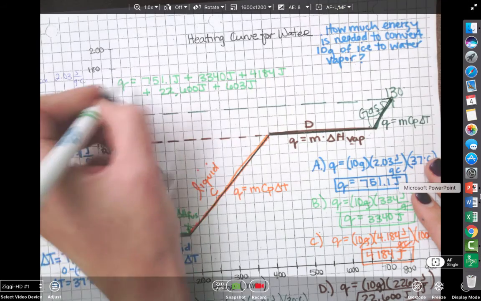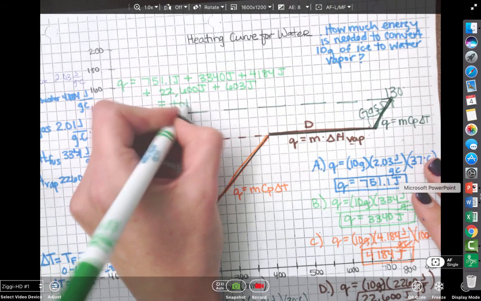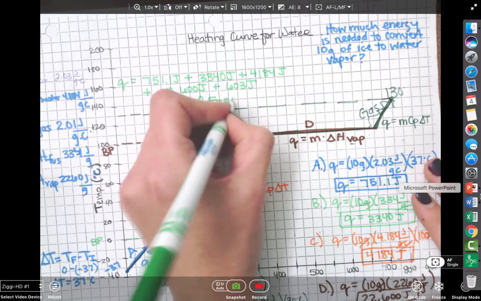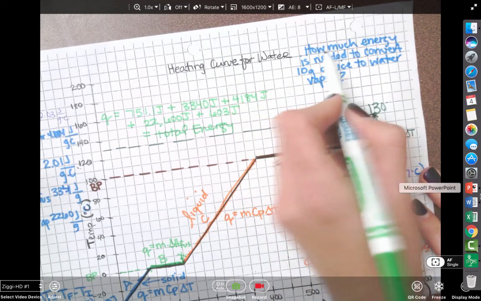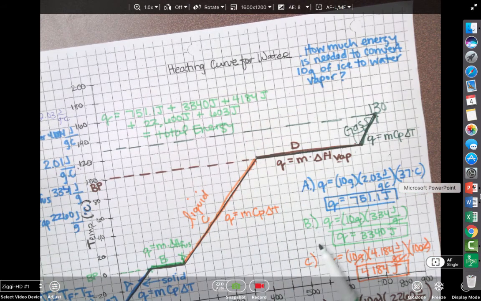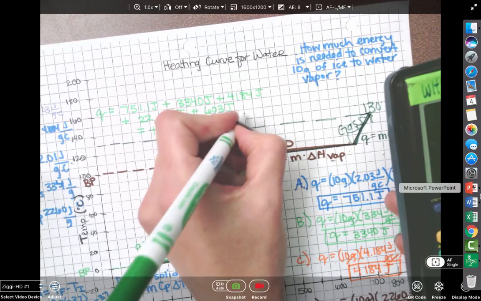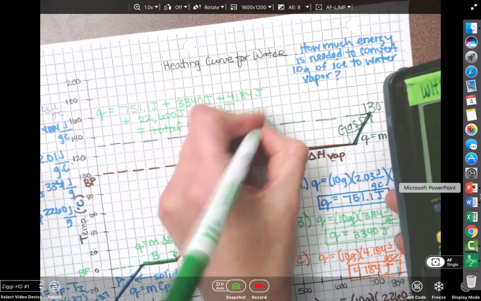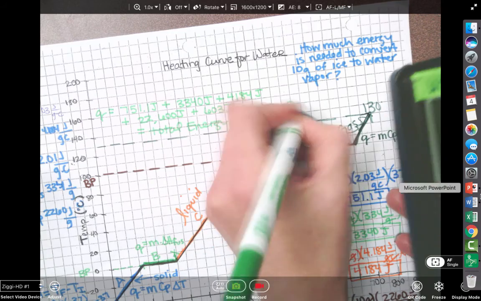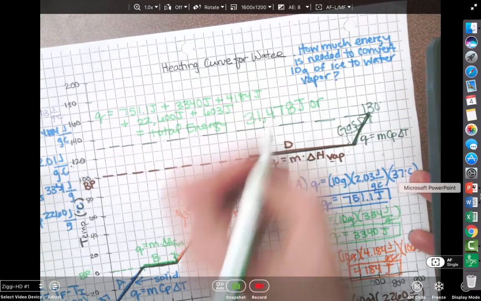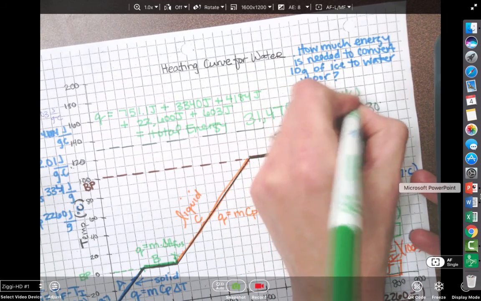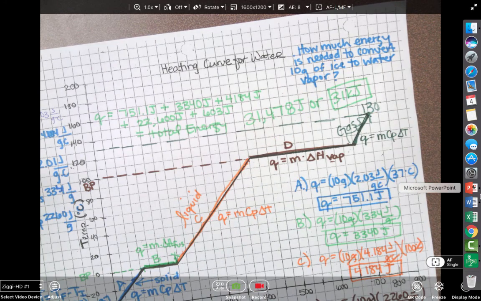So all of these equal the total energy required, or total energy needed to convert 10 grams of ice to water vapor. So that equals 31,478 joules, or 31 kilojoules. Done.